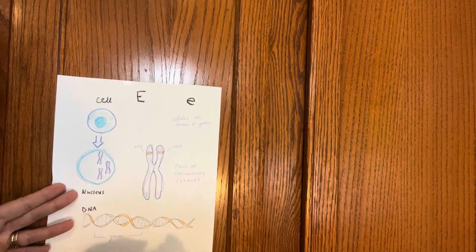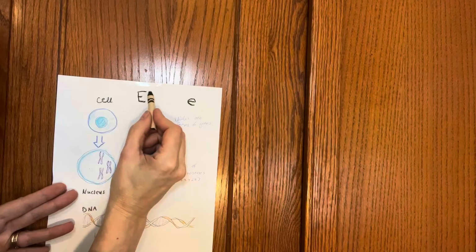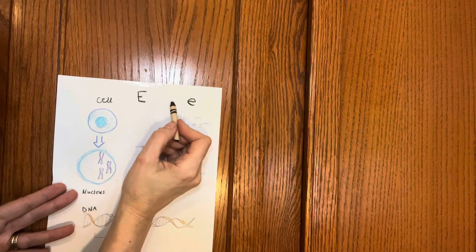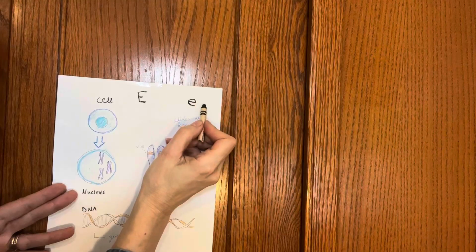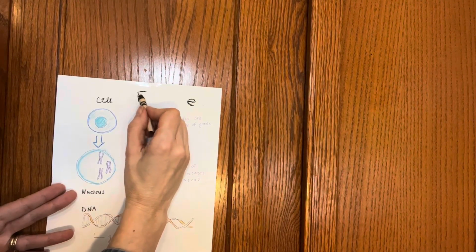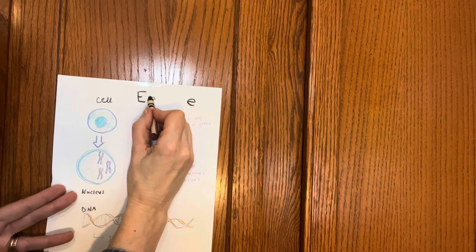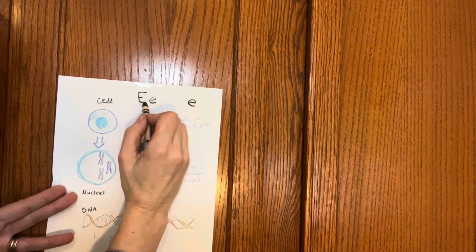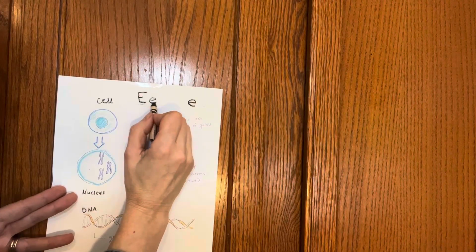Hopefully you can see that. Now, if you get two big E's, that would be two dominant traits. If you have two little e's, that would be two recessive traits. If the mother contributes the large E and the dad contributes the little e, then the big E wins and dominates over the recessive trait.